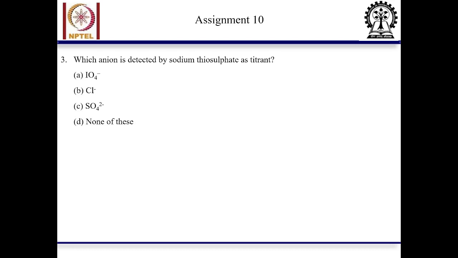Sunil Pawar is saying A. Okay. Any other opinion? Shweta, you can also write what you think the answer should be for question number 3.